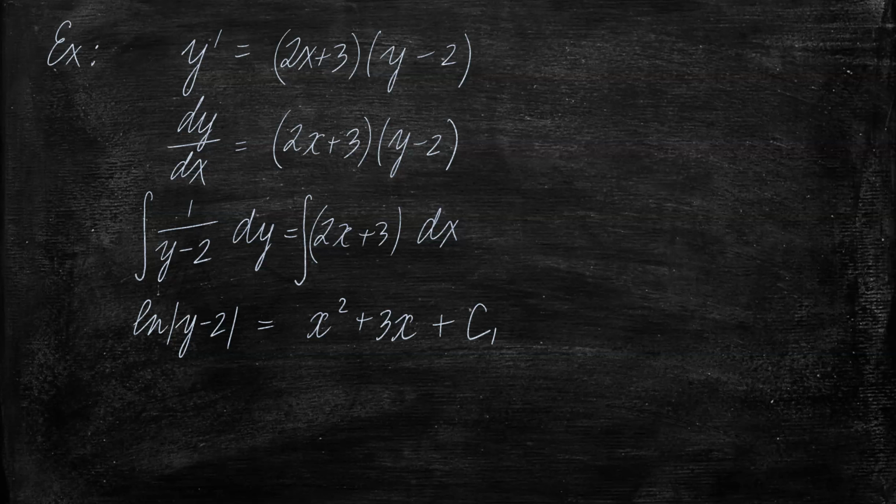This is implicit, so frequently we want to have it in explicit form. So we continue here by exponentiating both sides, and as previously I showed you, this c1 becomes c2 in the front.